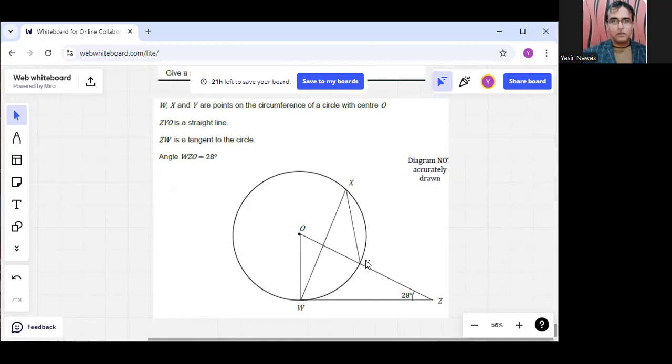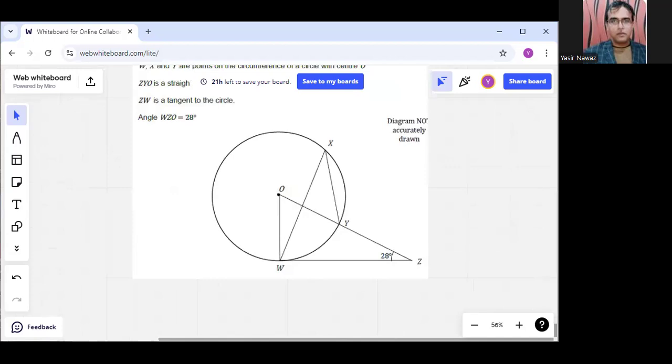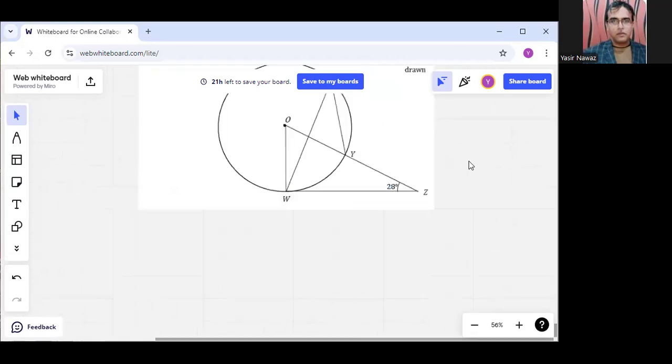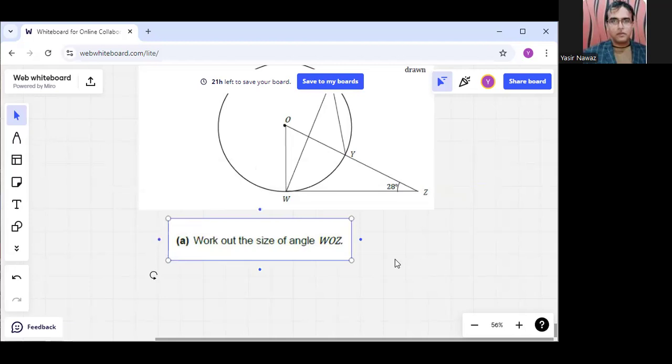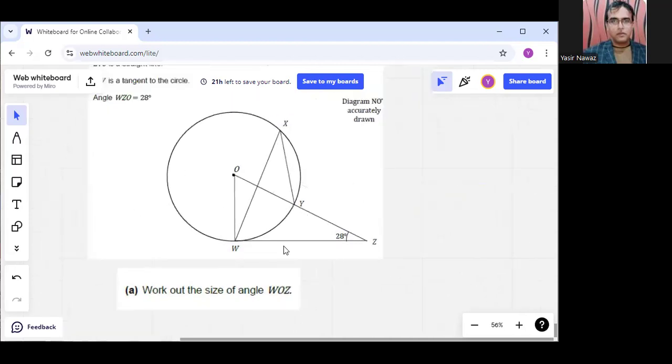Angle WZO is 28. Work out the size of angle WOZ.